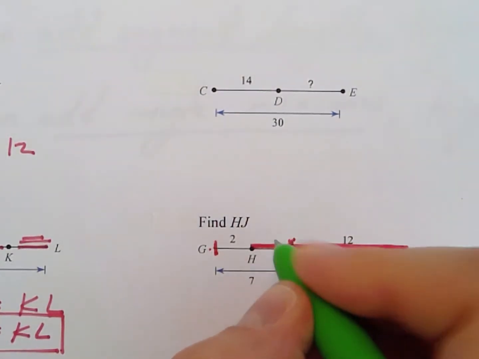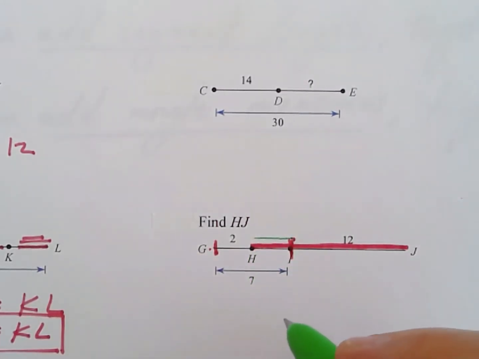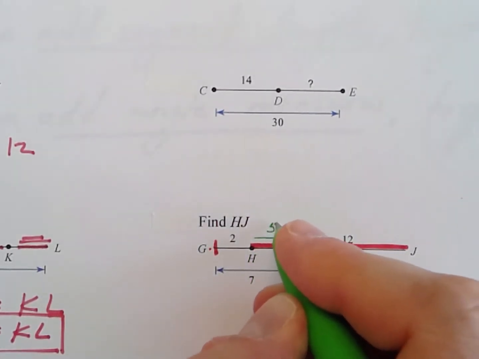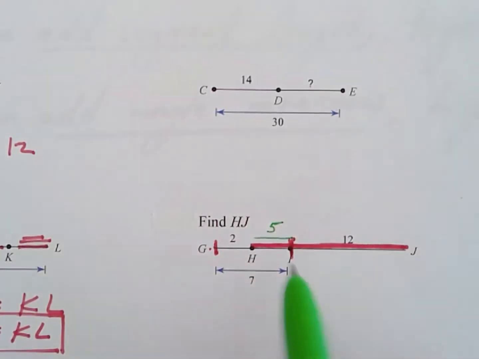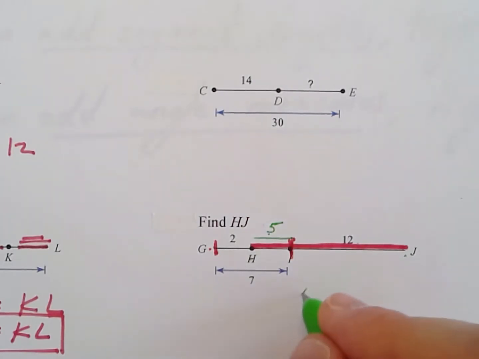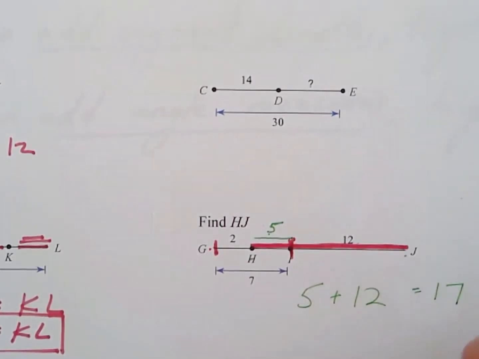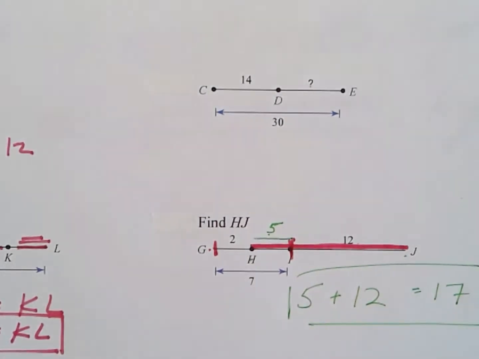Well, that means this right here from H to I has to be 5. And then if I'm interested in H to J, then I'm interested in 5 plus 12. So 5 plus 12 is 17. Okay? 17.